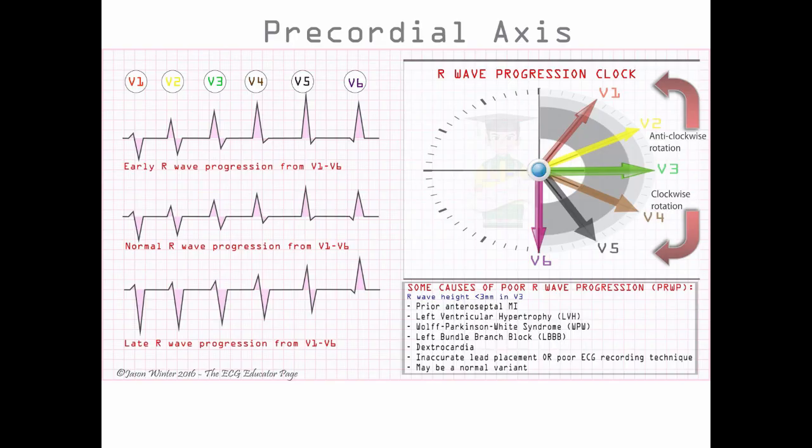Some pre-excitation syndromes can cause this. Bundle branch blocks can cause it. Just inaccurate lead placement. If you put the leads in the wrong places, your windows are in the wrong places, and you're not actually looking at what you think you're looking at. So that can cause that. Normal variance, maybe in younger people, but for the most part, we're looking for normal R wave progression where it starts negative, ends positive, and transitions in V3 or V4.